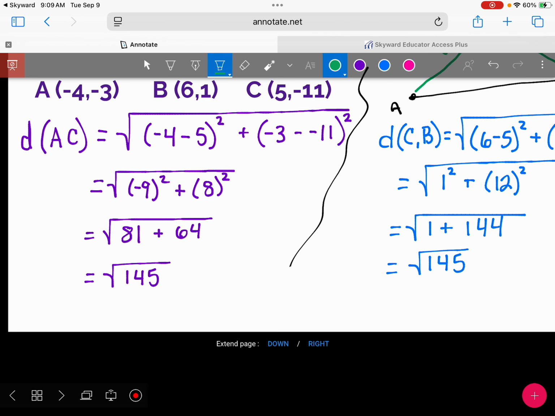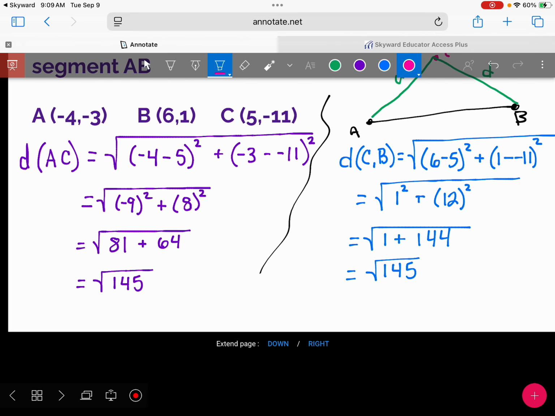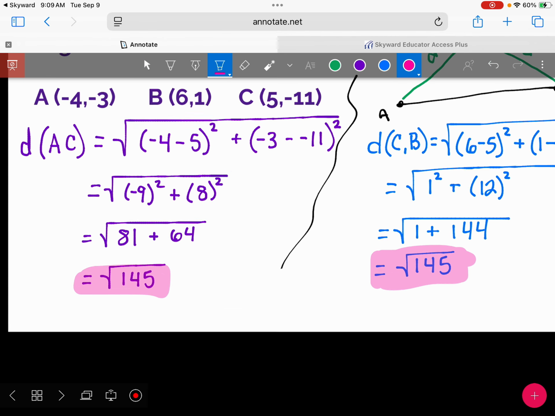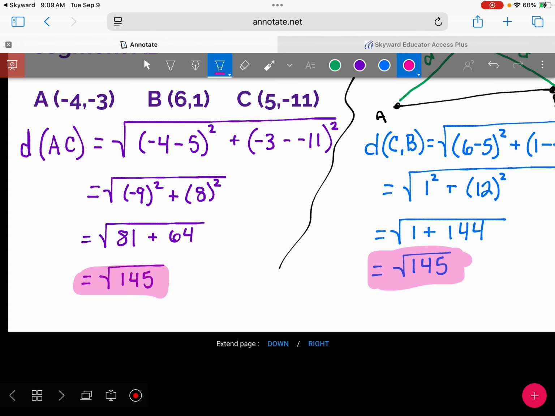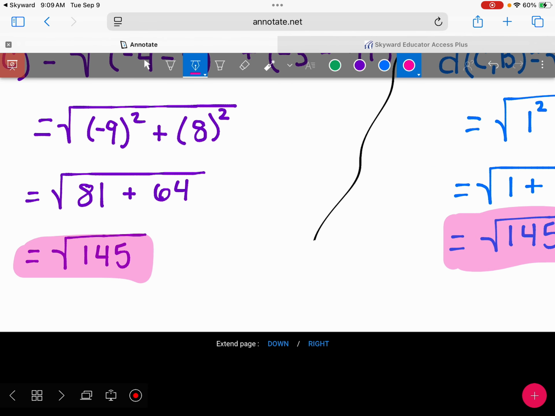So is point C on the perpendicular bisector? Yes, because the distance between A and C is exactly the same as the distance between C and B. That was a weird shape, but that's okay. C is on the perpendicular bisector.